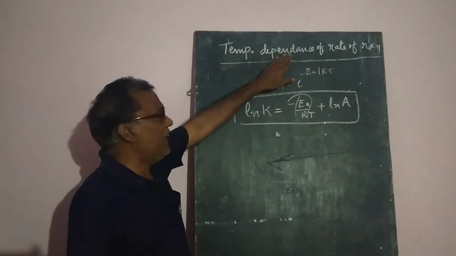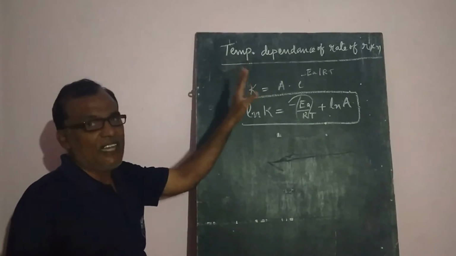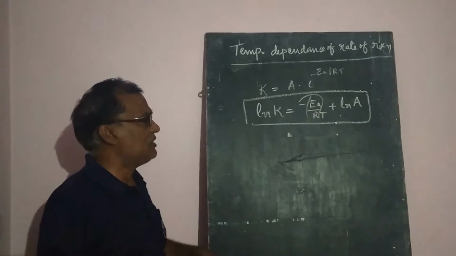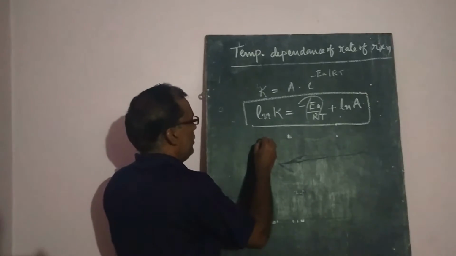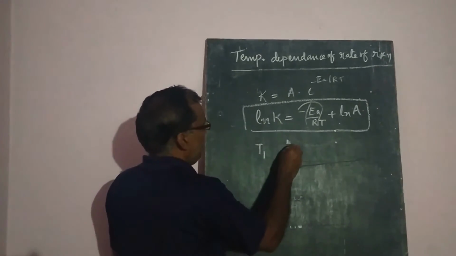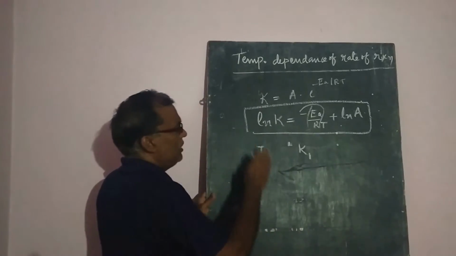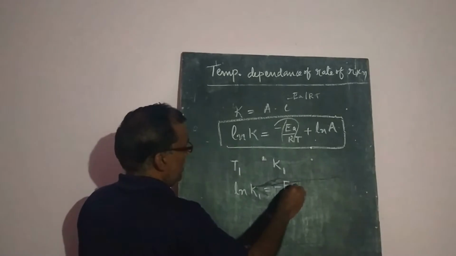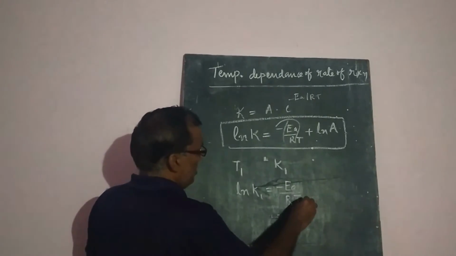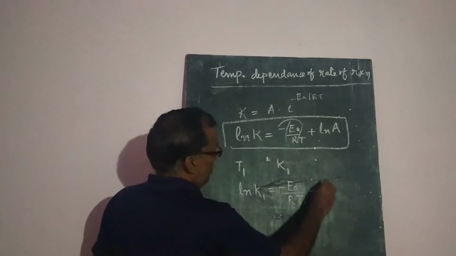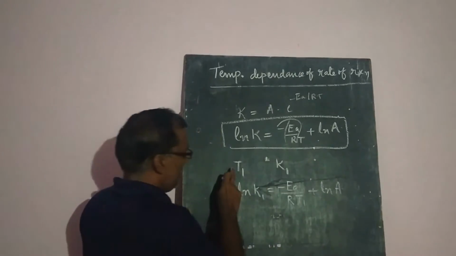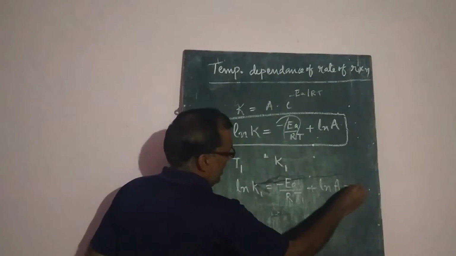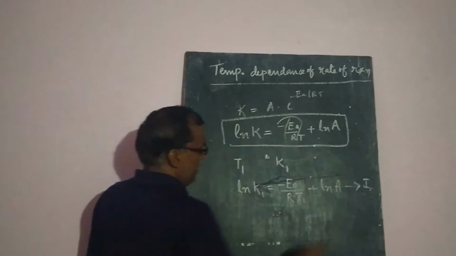But for temperature dependence, we look at how much temperature difference there is and how much the value rises, and we can calculate the activation energy Ea. Suppose K1 is the first rate constant at temperature T1, the formula becomes ln K1 is equal to minus Ea by R T1 plus the logarithmic value of A. So this is at temperature T1, where K1 and T1 are the rate constant and the temperature at a particular instance. Equation 1.